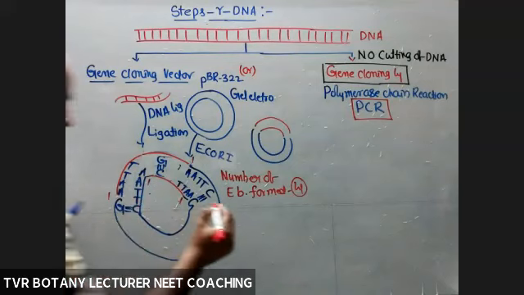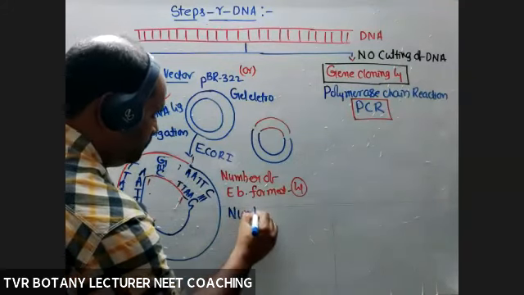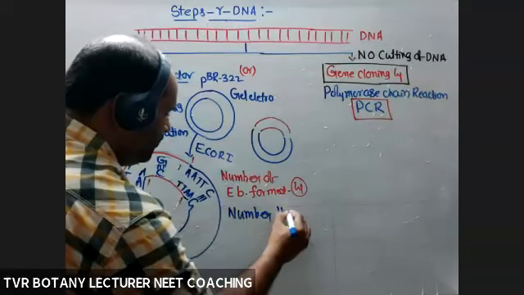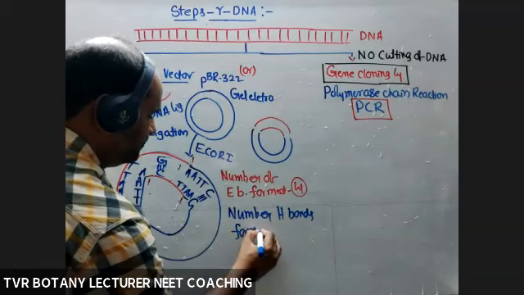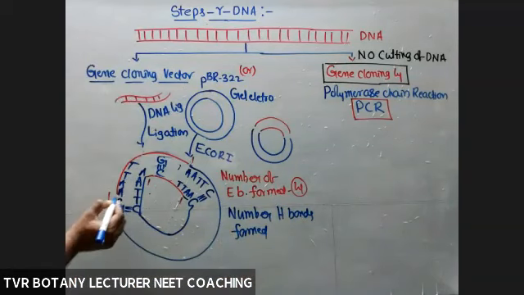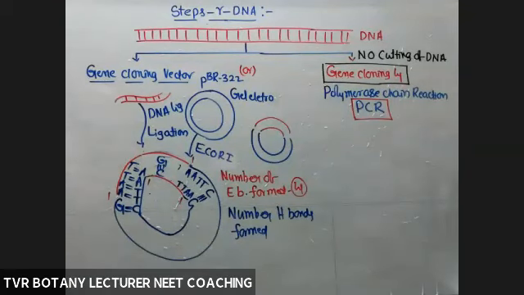Next, what about the number of hydrogen bonds formed? How many formed here? Check it: 1, 2, 3, 4, 4 into 2, 8.